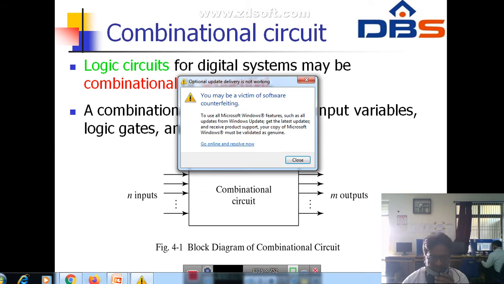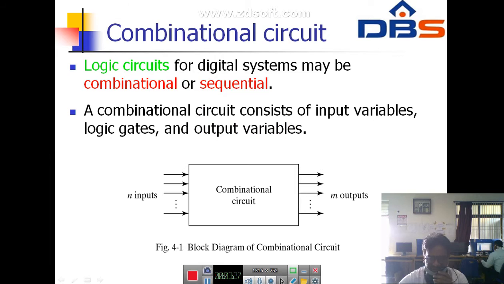Initially we have to learn what a decoder is and what an encoder is. There are many decoders, such as binary decoders, for example the 2 into 4 decoder or the 3 into 8 decoder.